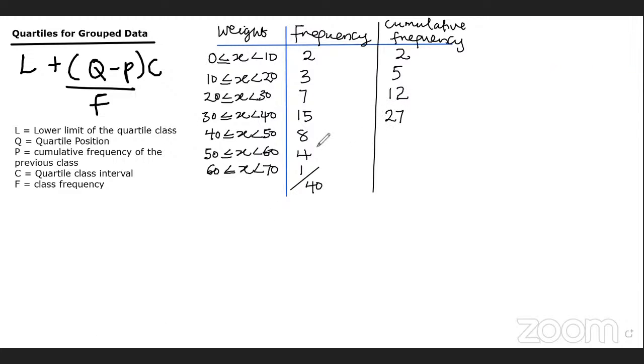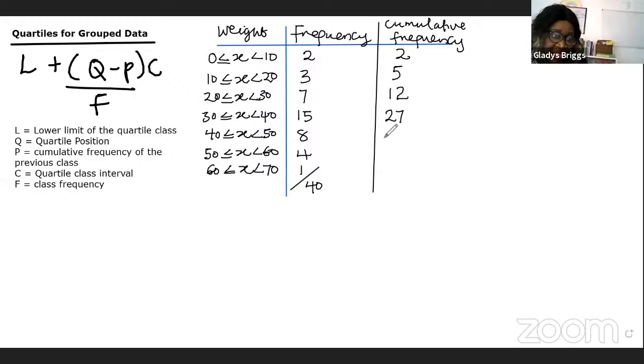If we add 27 to 8, we get 35. If we add 35 to 4, we get 39. And 39 add 1 is 40. When this 40 matches up to the total 40 here, then we know that we've done it correctly. Okay?